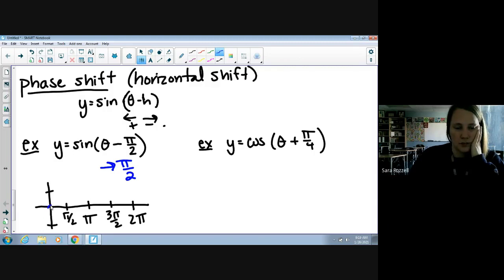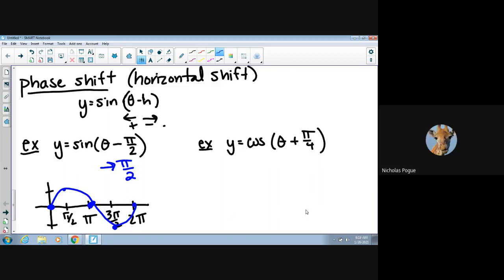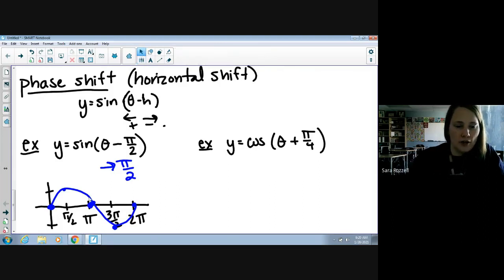So you're just going to make sure that you have got it shifted appropriately. So this one's normal, if I hit all the points right. So y'all agree that's a normal sine curve? Yes. Okay, so I'm just going to take it and move it pi over 2 over. So that's pi over 2 is this much. So I just take my whole graph, move it over pi over 2. I'll make the dots follow it.